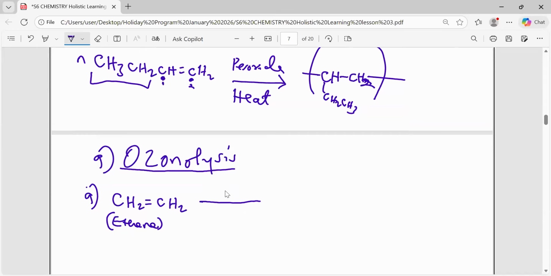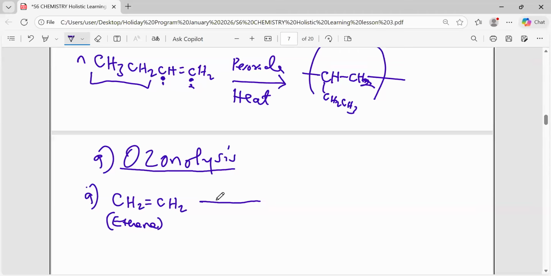Alkenes react with ozone. First stop there. Ozonolysis is coming from the word ozone. So we're adding ozone in the presence of what? Carbon tetrachloride.